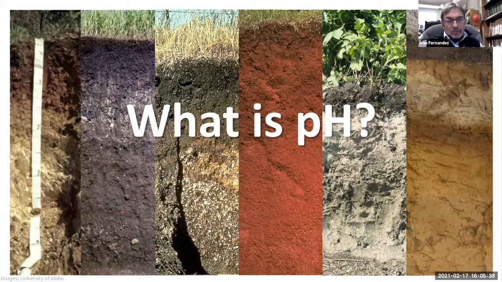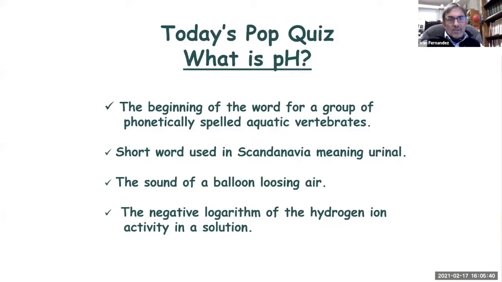So first, what is pH? This is actually one of the pop quizzes I use, one of the slides I use with my students. I know you all know that the first three are not the right answer for what is pH. But pH is formally defined as the negative logarithm of the hydrogen ion activity in solution.